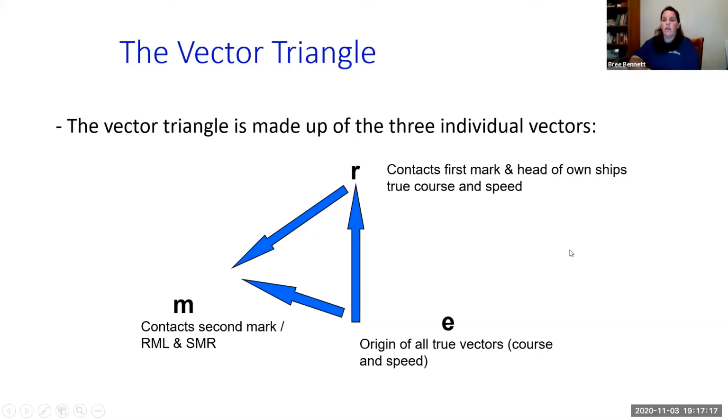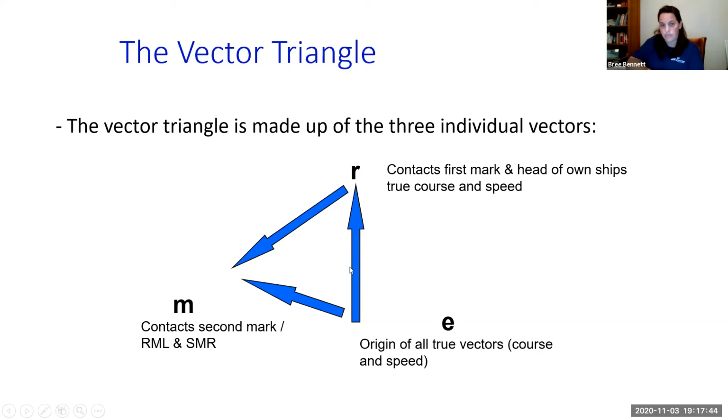Okay, so our vector triangle, we plot the R. Six minutes later, we plot the M. The E is the origin for all true vectors, and how we plot that E is by plotting E to R, which is our own ship's vector. So our own ship's course and speed, which we convert to distance to plot.